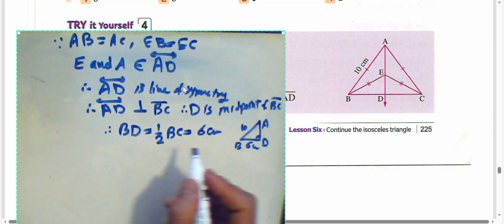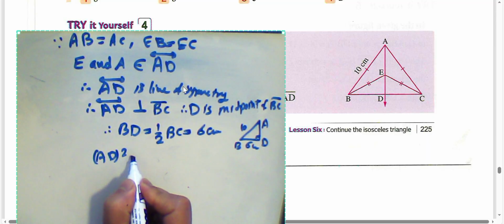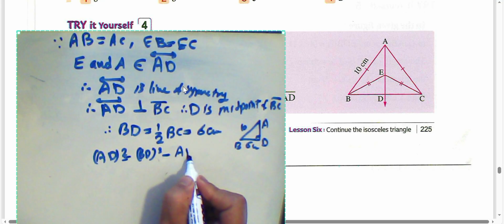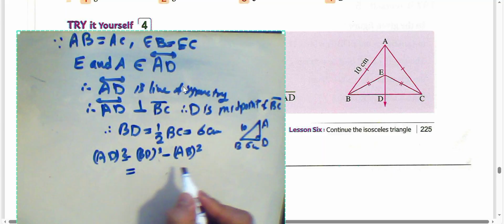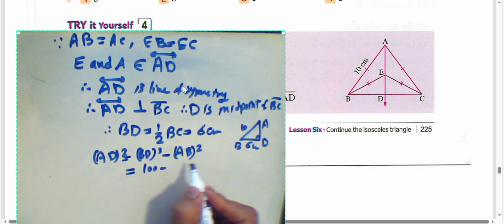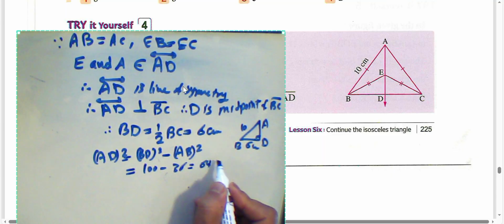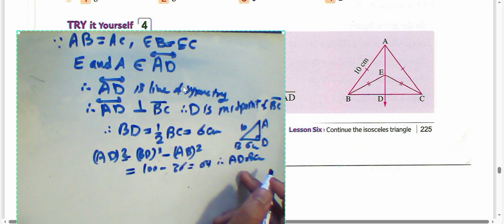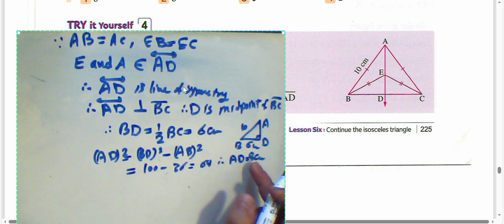AD power 2 equals AB power 2 minus BD power 2. We can write 10 power 2 to be 100 minus 36 equals 64. Then AD equals 8 centimeters, the square root of 64.